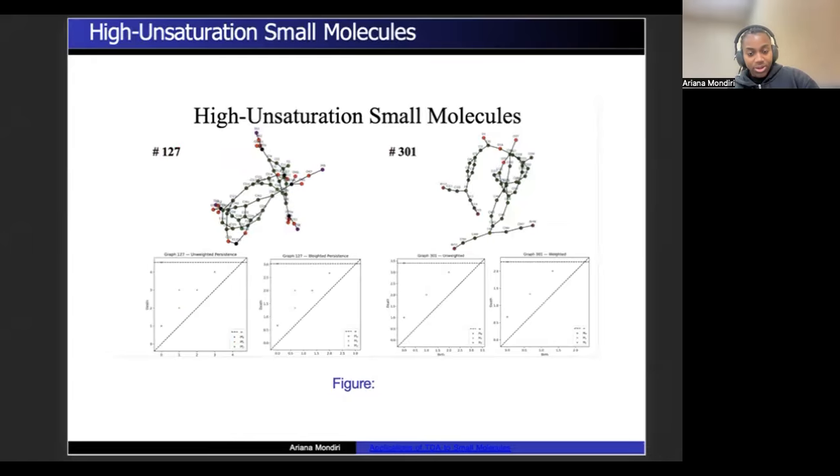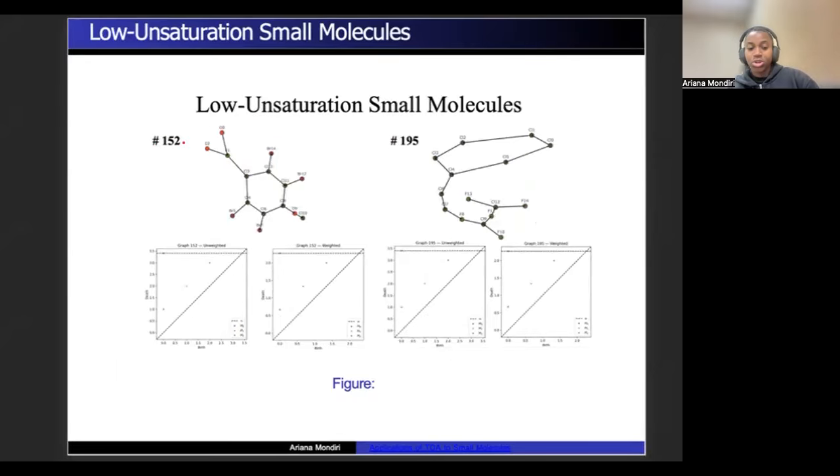So we can start by looking at the molecule 127 and compare it to the two simpler molecules, one with a single cycle, the molecules 152 and 195. And our expectation is that the bottleneck distance should be higher because they have a significant difference.